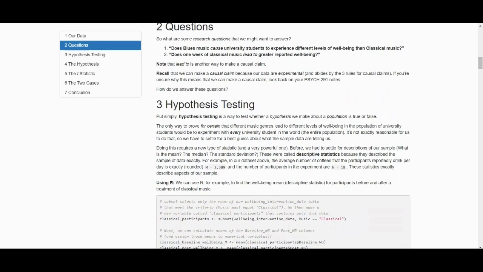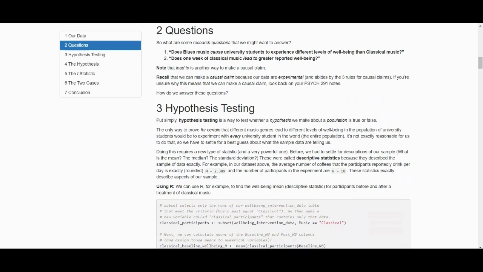So, as with any kind of research, we would have some research questions. What are some research questions we might want to answer? Well, does blues music cause university students to experience different levels of well-being than classical music? We're not sure yet. Does 1 week of classical music lead to greater reported well-being?